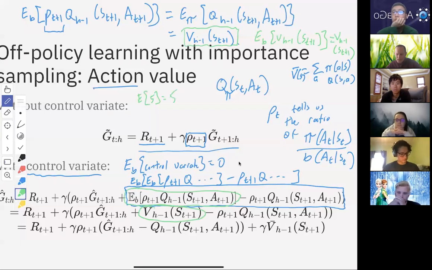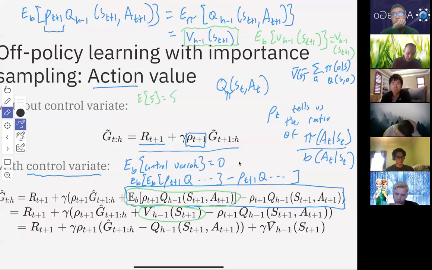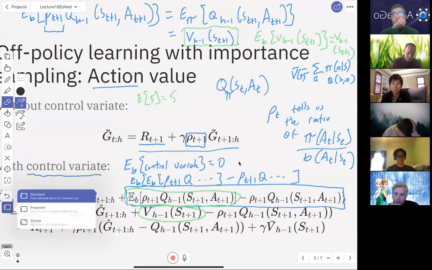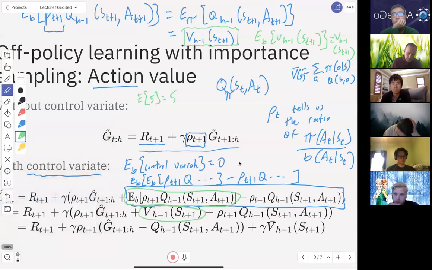We haven't actually even shown why this expectation is equal to 0. The reason is that we have the expectation of this term, rho_{t+1} times q, minus rho_{t+1} times q.